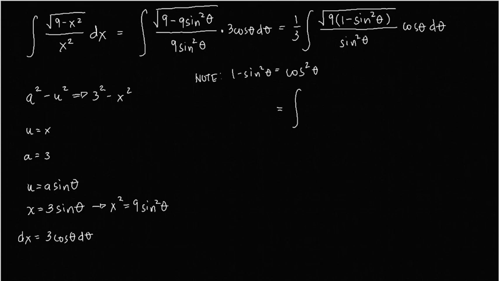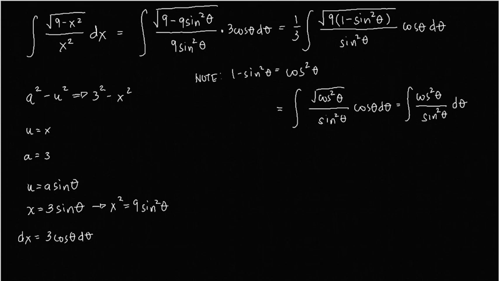And taking the square root of cosine squared of theta is simply cosine of theta. Okay, so rewrite lang natin. Again, this one is just cosine of theta. So cosine of theta times cosine of theta is cosine squared of theta divided by sine squared of theta d theta.